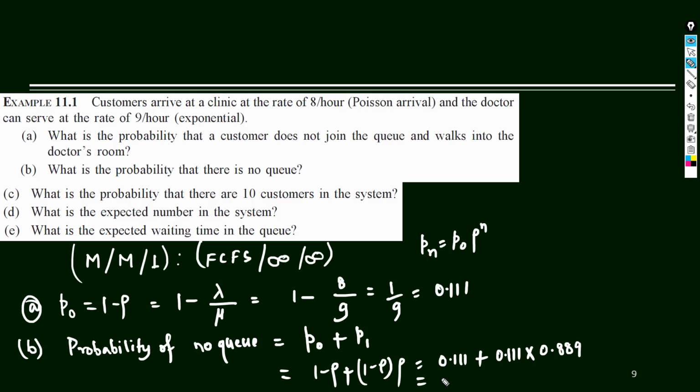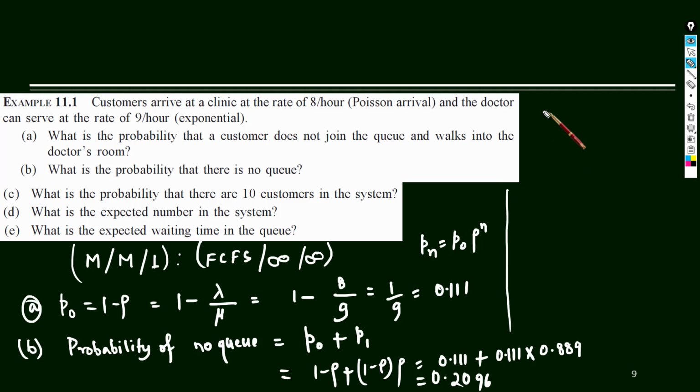So this comes to 0.2096. So this is the probability that there is no person in the queue.